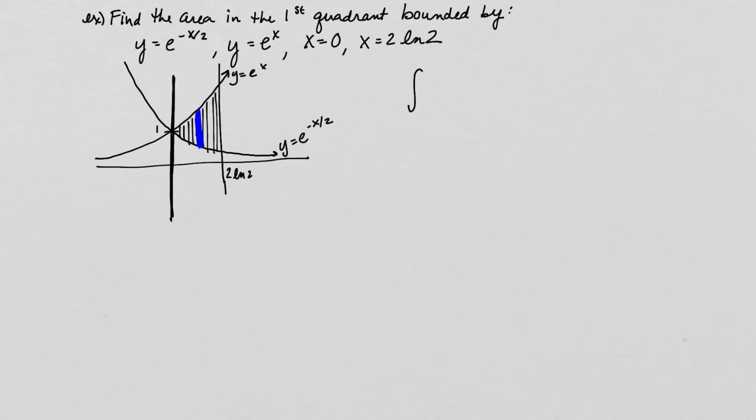Okay, y equals e to the x, so we're going to have e to the x minus, what's my bottom function? e to the minus x over 2 dx. And then in this case, I happen to know the limits of integration already, right? On the left-hand side, I'm at 0. And I'm going all the way to 2 ln 2.